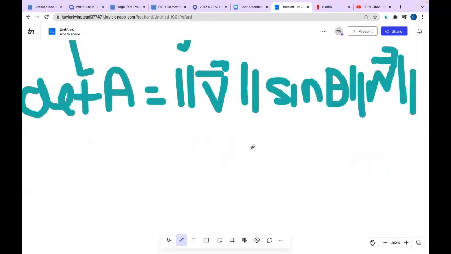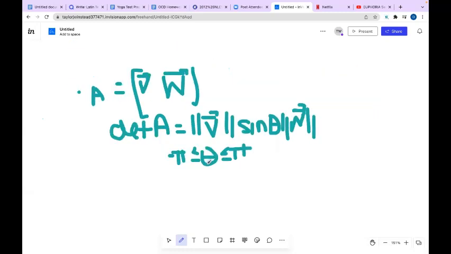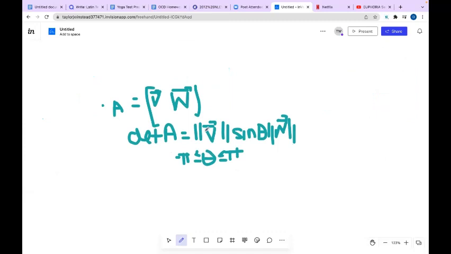Where theta is the oriented angle from V to W, with it being between these two values.